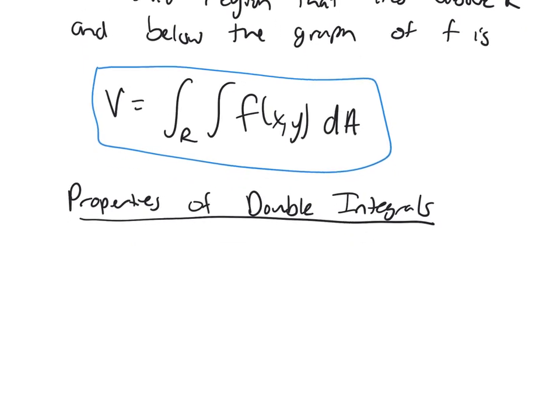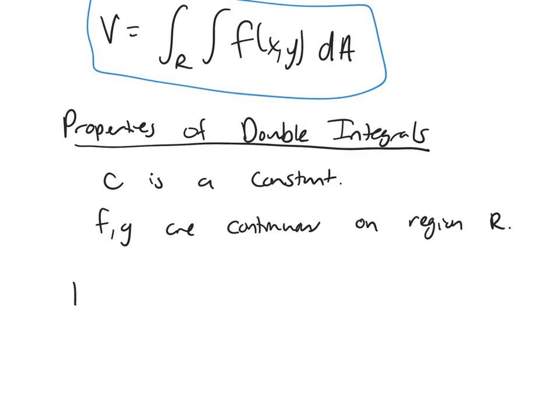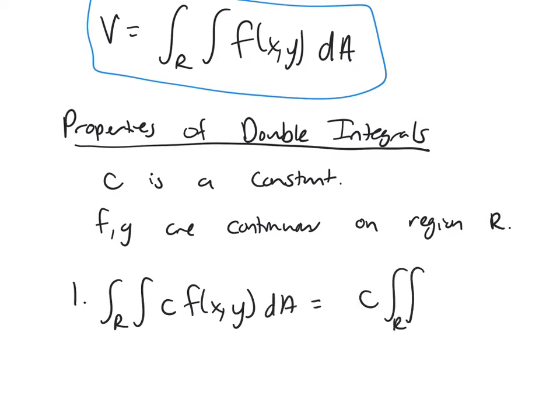So here C is a constant and f and g are continuous on the region R. So the first property says if I have a double integral over my region of a constant times a function, I can pull that constant out, C times my double integral.